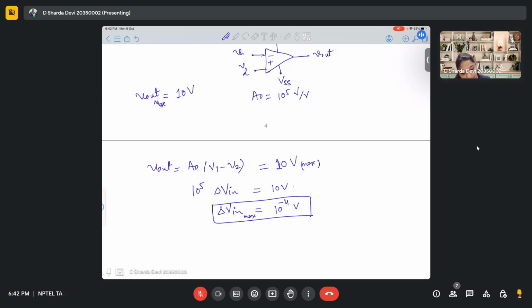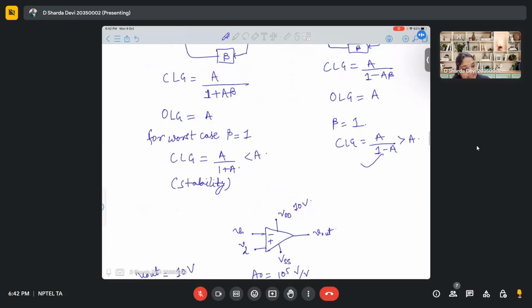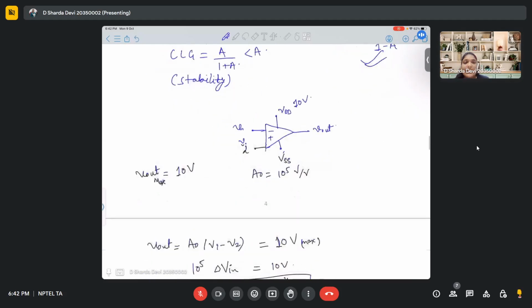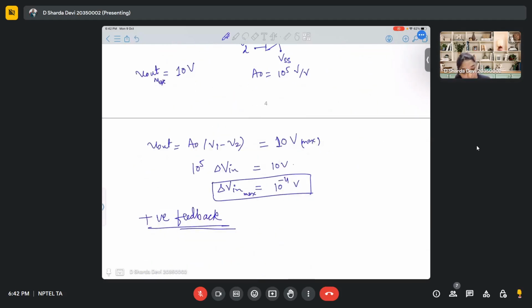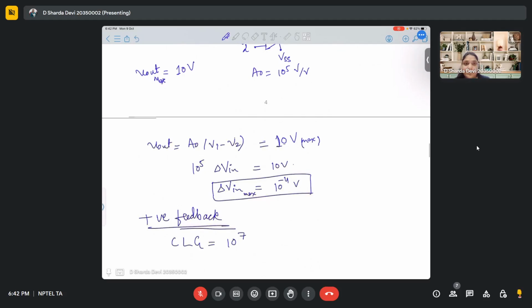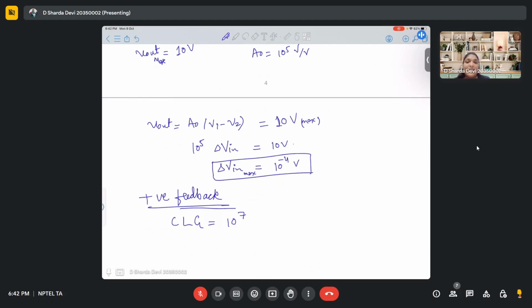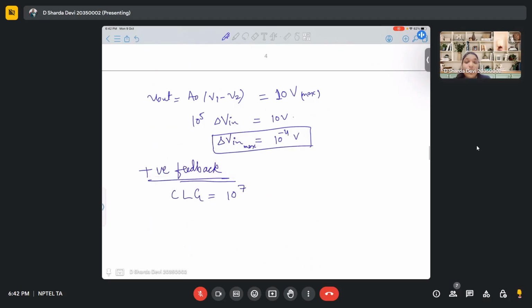Now what is happening? You are providing positive feedback. As we observed, positive feedback increases your gain further. So let's say with positive feedback, your closed loop gain becomes 10 to the power 7. It has increased your gain by 100 times. Now, what is the limit of your input?